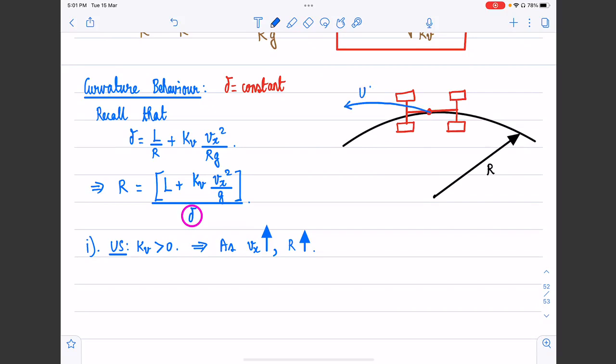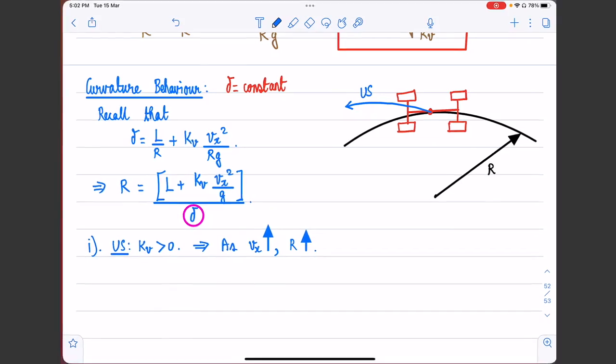It is just to show that compared to the desired radius, an understeered vehicle, since KV is greater than 0, is always going to go out of the turn unless I change the value of delta. Suppose I adjust the value of delta to be L by R for traversing a curve of radius R, my understeer vehicle will not go on an arc of radius R. That's how we should interpret this curvature.